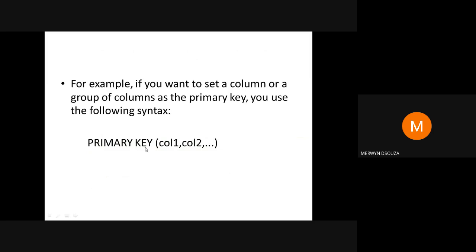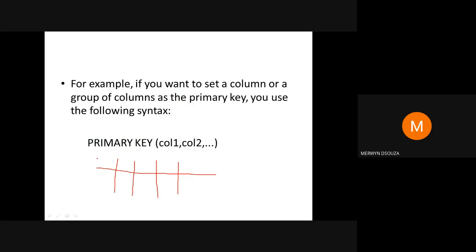Primary key, open the parenthesis, and specify the name of the columns. So suppose you are having a table with many columns, you could specify either one or multiple columns as the primary key.